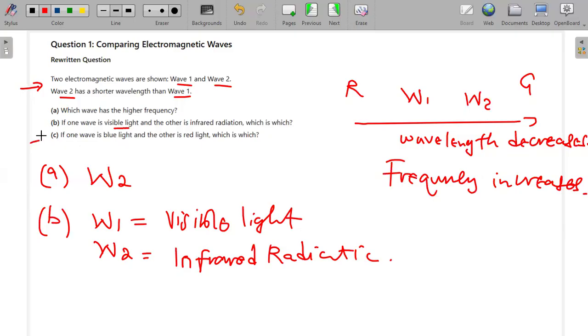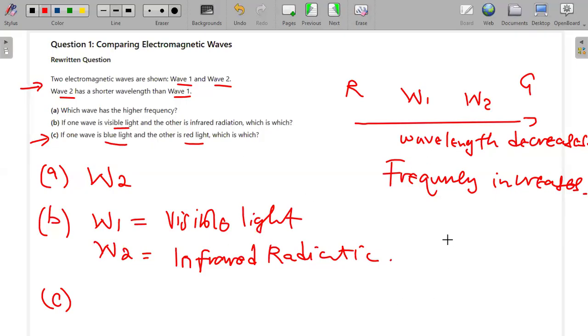And then part C, they're saying if one wave is blue light and the other is red light, which one is which? Blue light and red light come from the visible light.